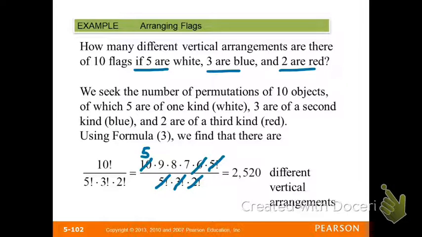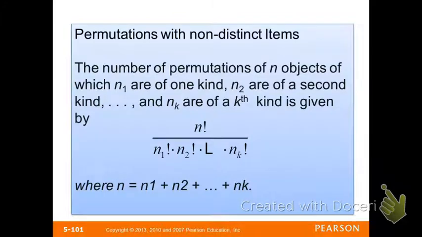And then you've got 5 times 9 times 8 times 7. 2,520 different vertical arrangements could be made that are distinct by color. So that's just an example. Anytime you have different arrangements of different types of things, that's the formula we're going to use.